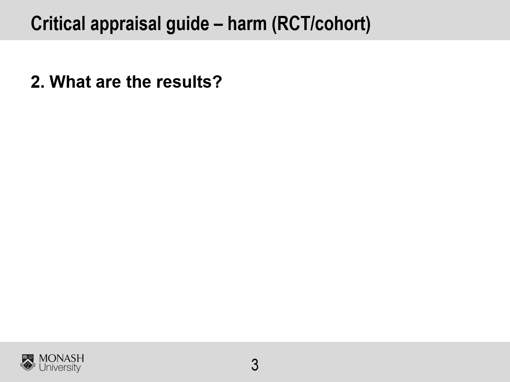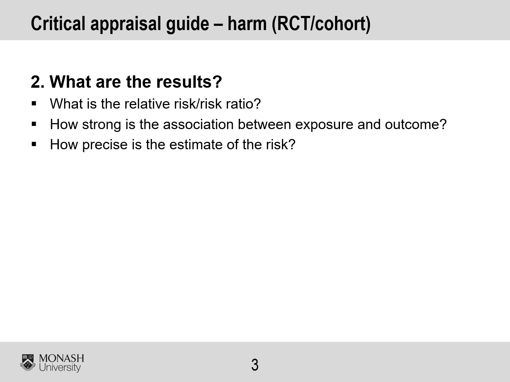So the second part of the critical appraisal relates to the results. So very much like the first critical appraisal task, we've got the same question. What is the relative risk or risk ratio? How strong was the association? And how precise was the estimate of risk? Now, with your cohort studies, you may sometimes not have the relative risk reported.